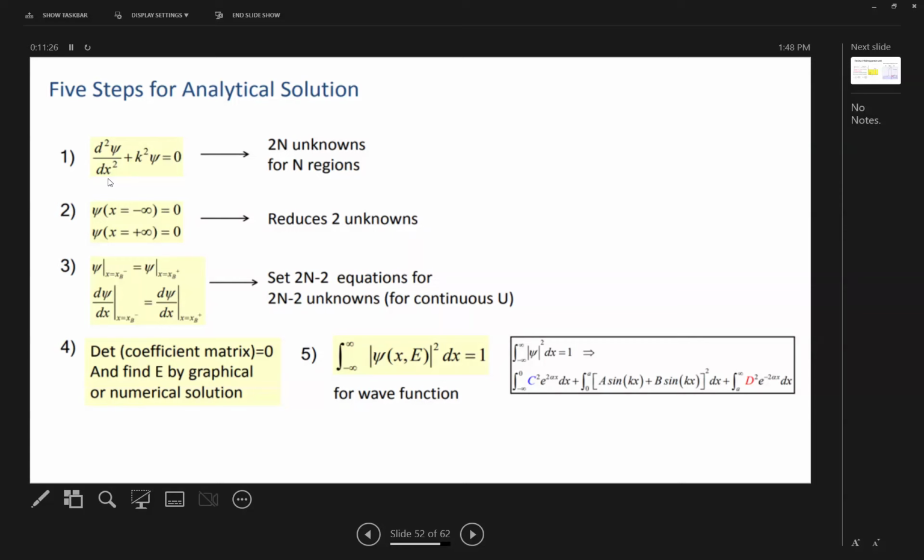So we know that any function that takes a form like e to the power alpha x should be 0, because these values are going towards infinity.